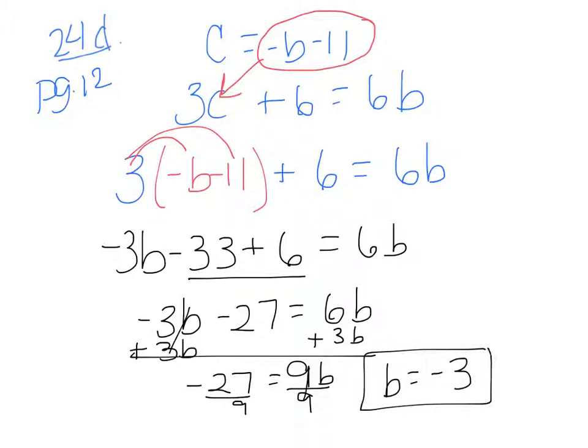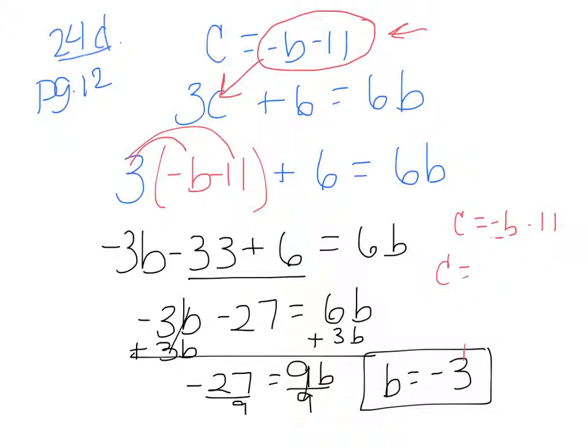We are not done just yet because we also have to find out what c is going to be equal. So I'm going to use my equation here, c equals negative b minus 11, and we're going to plug in this negative 3 in for b. Okay, so erase some of this here.